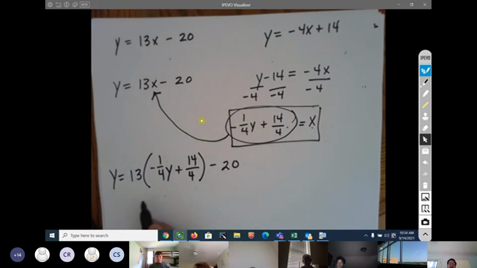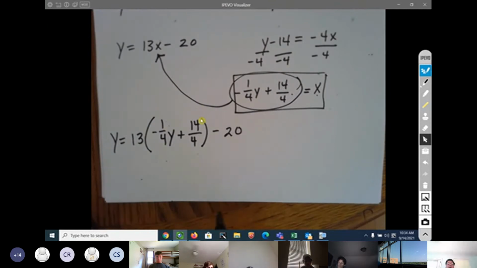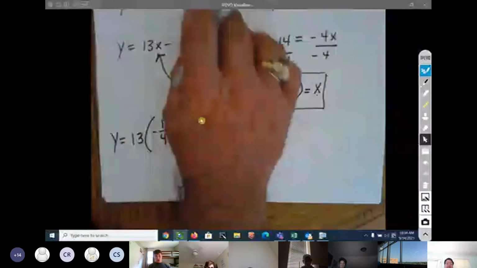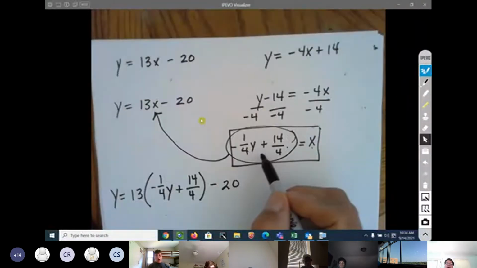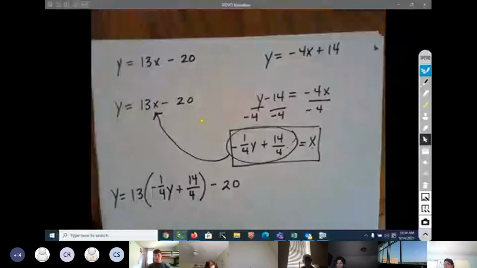And then you would work it out and get y is equal to a number, and then plug that back in to get x, and then you would find out that it would be 2 and 6.